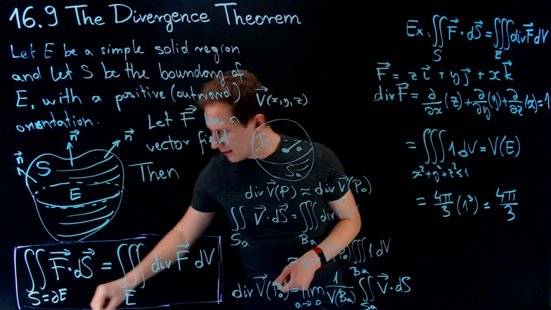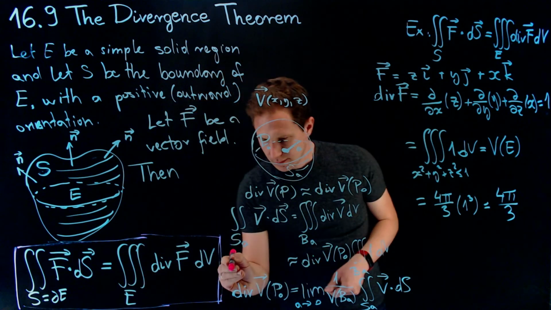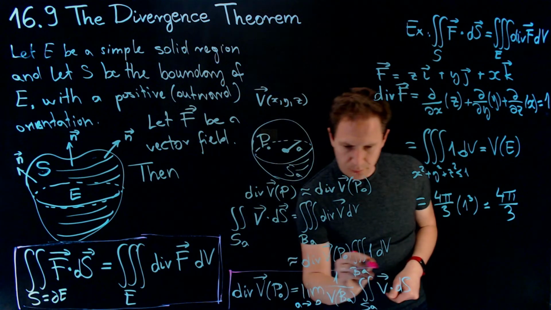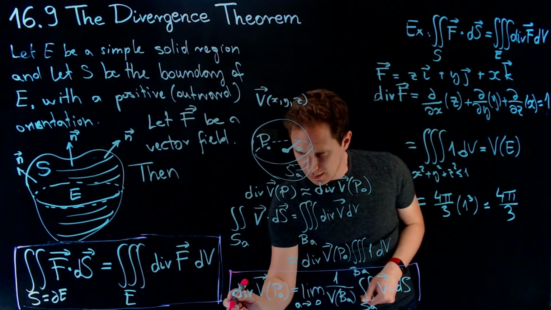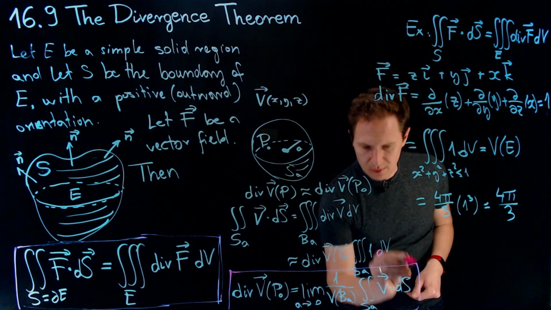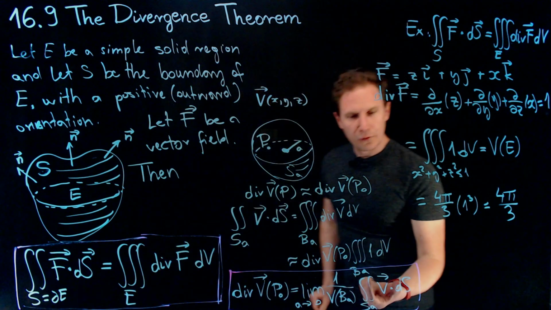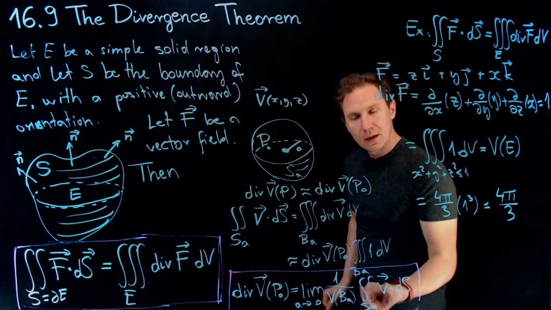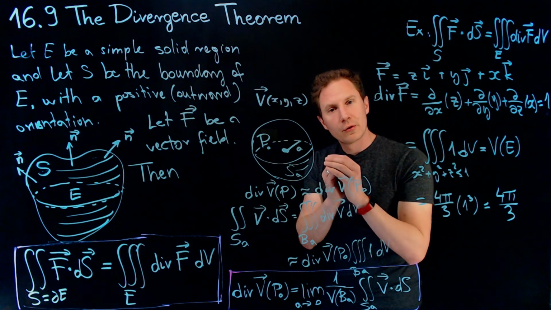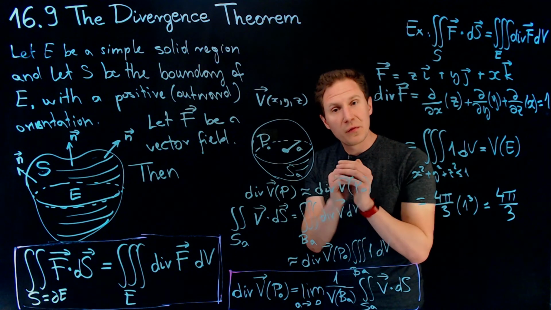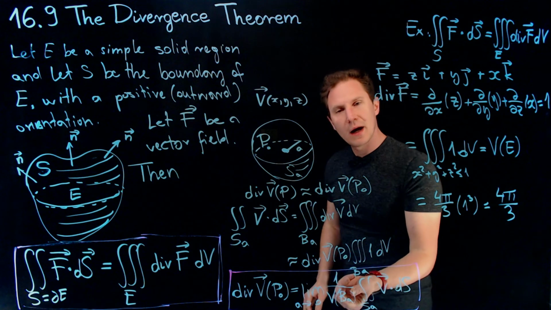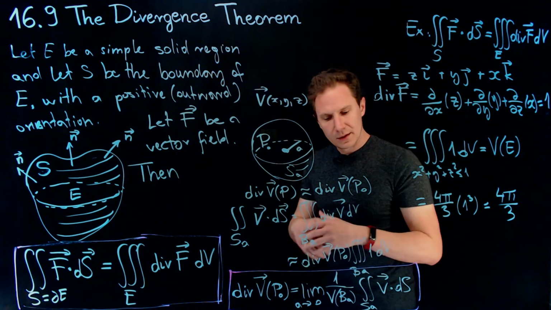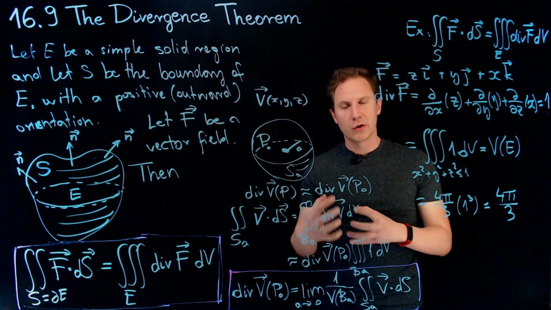So the result is that the divergence at a point is this limit of the flux of the vector field across a small sphere around that point divided by the volume of that sphere as the radius goes to 0.